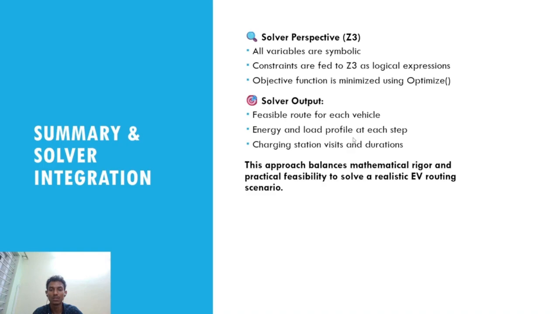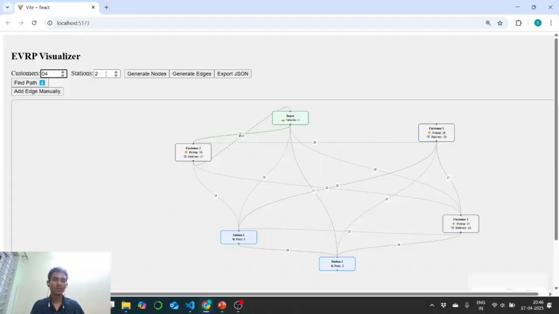When the solution is found, the solver provides a complete route plan for each vehicle along with their battery and load states at each step. It also tells us when and where the vehicle should charge. This CSP-based approach provides a robust and scalable solution to this EVRP. So now I will give you a small demo regarding this application.